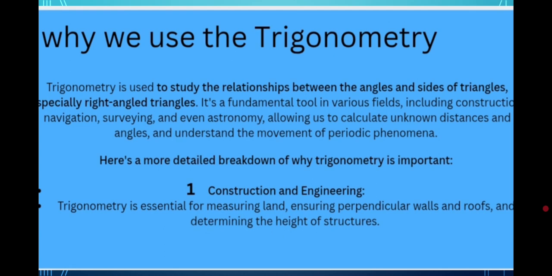For example, take the Burj Khalifa in Dubai, the tallest building in the world. Its height is calculated with the help of trigonometry. So trigonometry helps in measuring land, the height of a structure, and perpendicular walls.